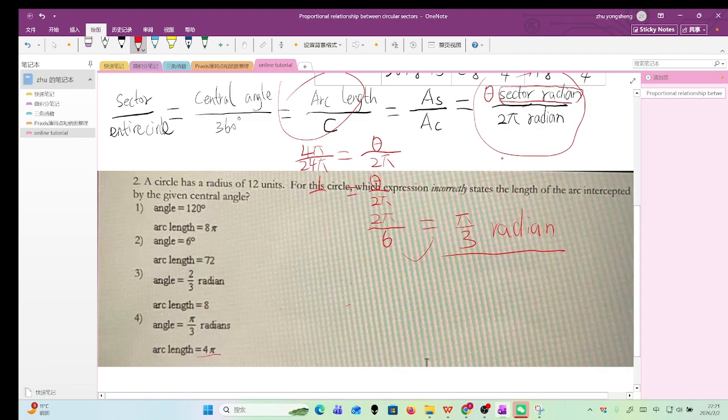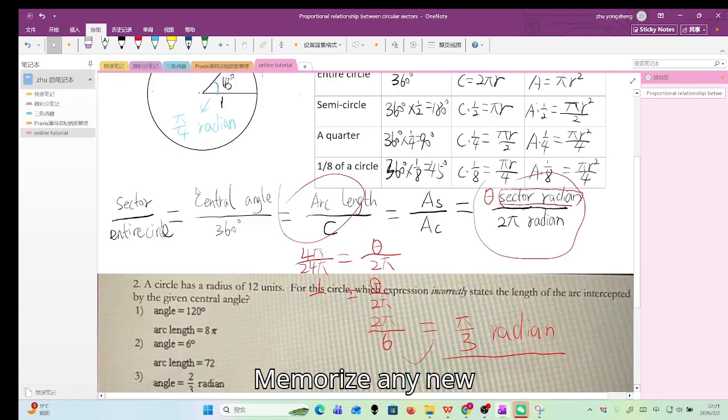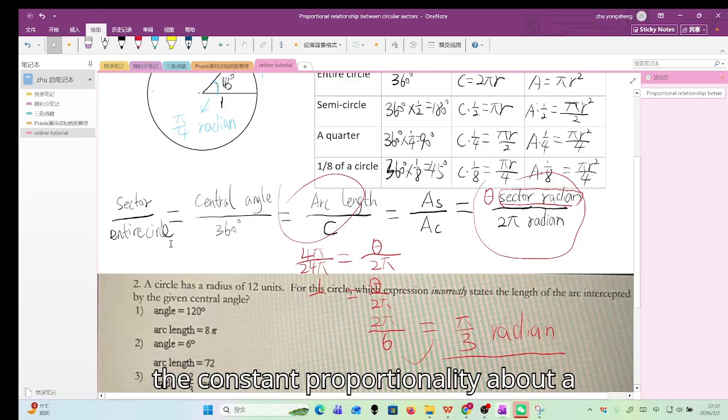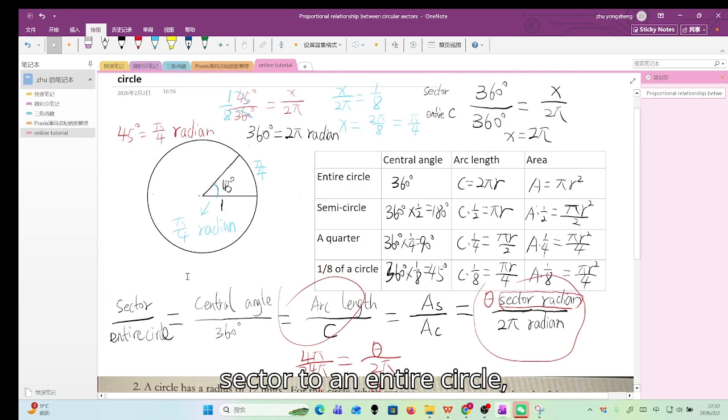All right, okay. So let me summarize it. Here we are not trying to memorize any new formulas. We derive all of this from the fundamental logic of the constant proportionality of a sector to an entire circle.